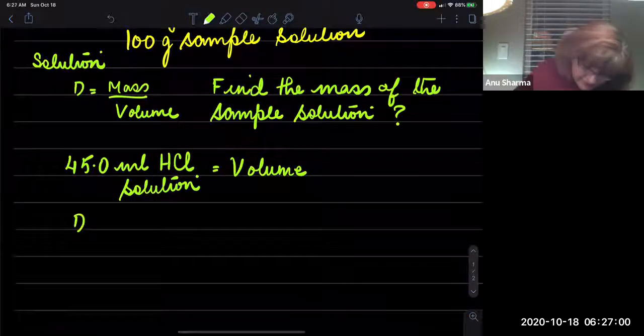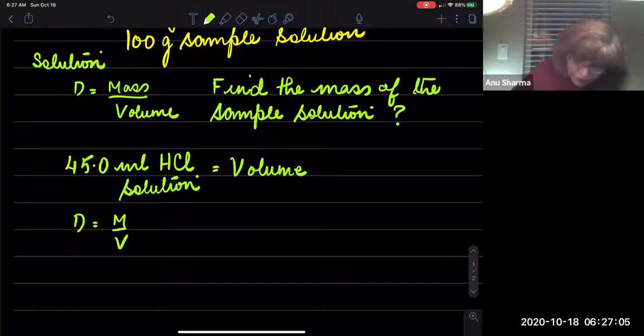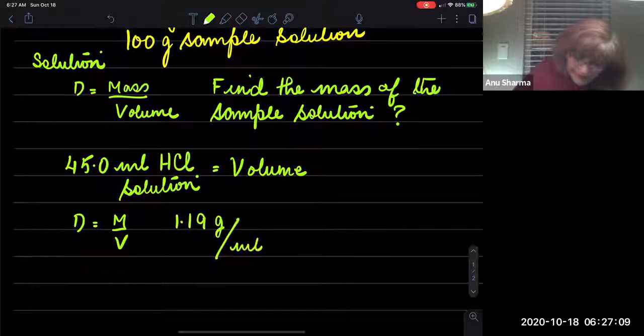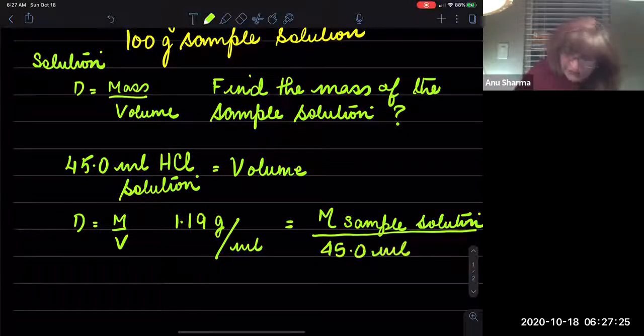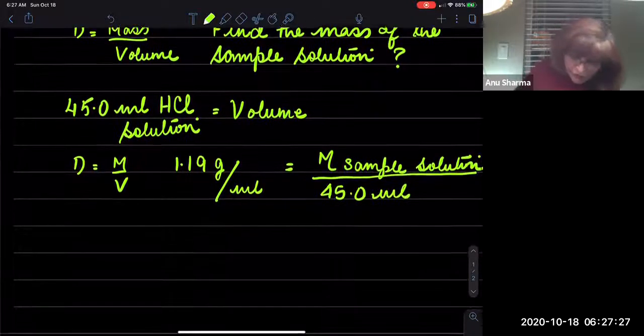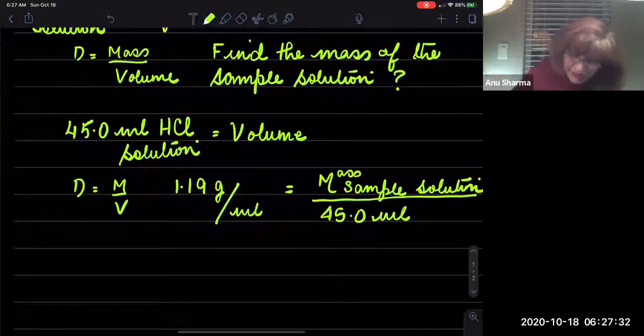So density is equal to mass over volume. 1.19 grams per milliliter is equal to, we need to find the mass of this sample of solution, over the given volume, which is 45.0 milliliters.